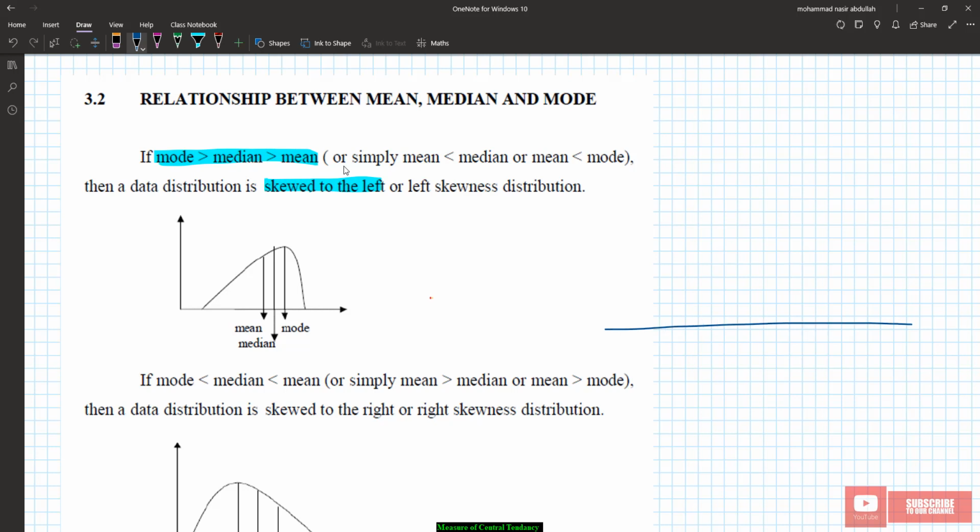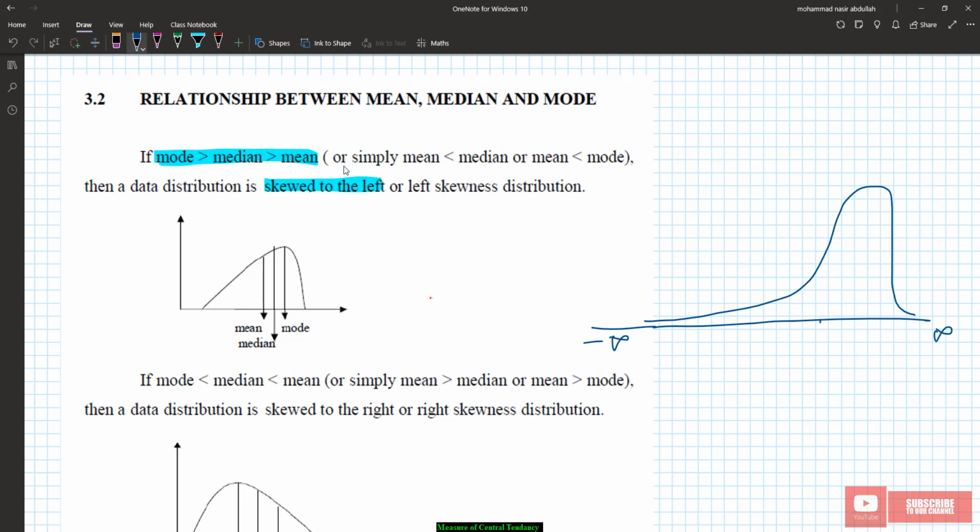For a distribution, it will be shaped like this. You can see the shape of the distribution here, from negative infinity to infinity.